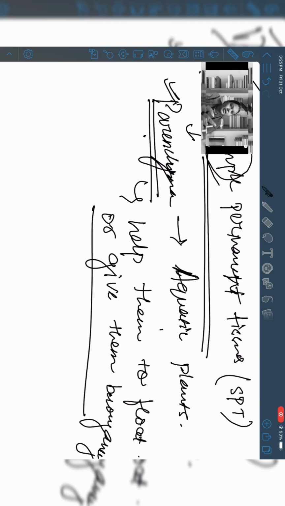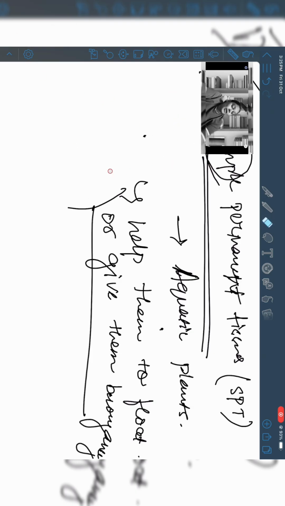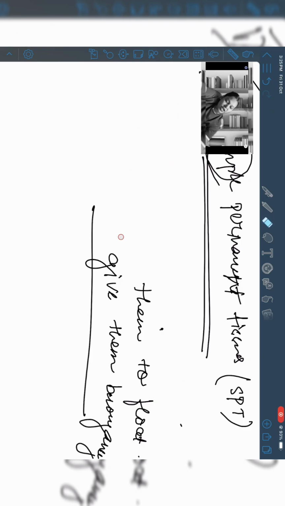Now, the first example we learned is parenchymatous tissue. Then comes another type of tissue, that is collenchyma. Now, what does the collenchyma do? Some plants are stretchy.